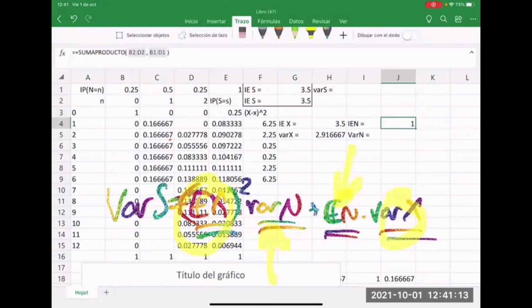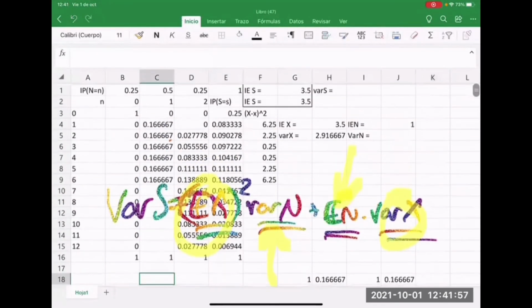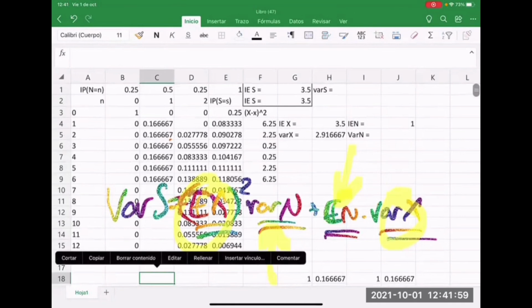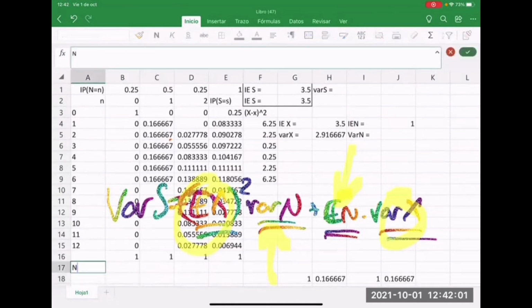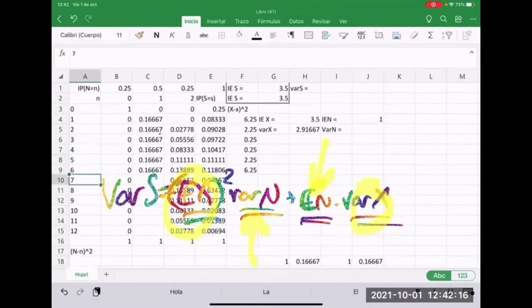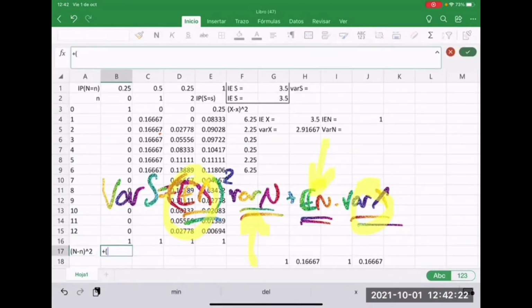So the expectation of n equals 1. And well, here I will just compute n minus the expectation of n, squared, like this. So now we just need to take n, which is this, minus the expectation of n, which is here, squared.